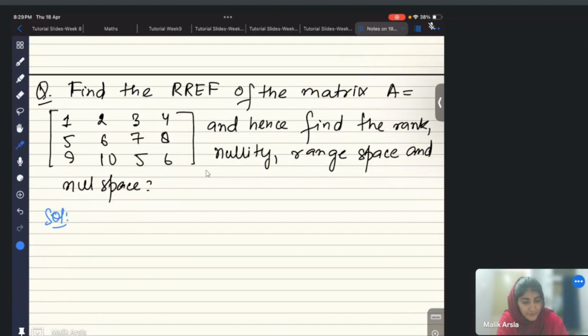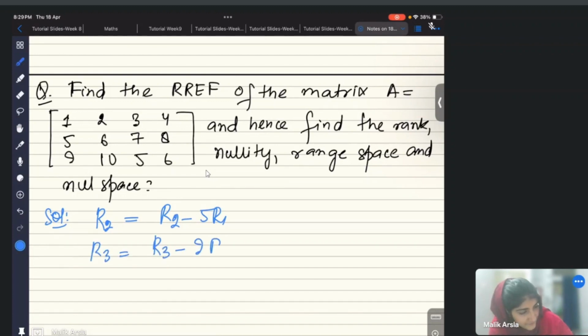I will do 2 row transformations here: R2 equal to R2 minus 5 times R1 and R3 equal to R3 minus 9 times R1.